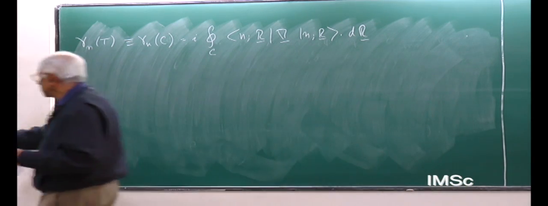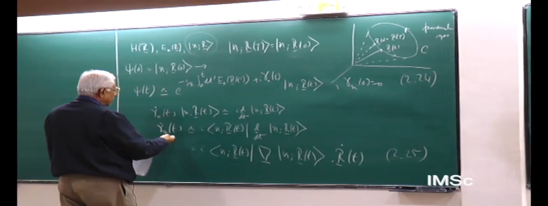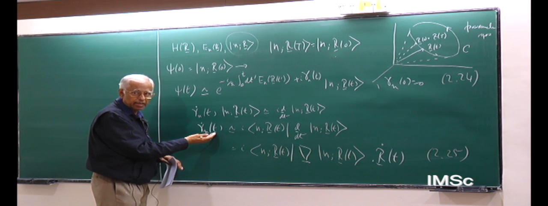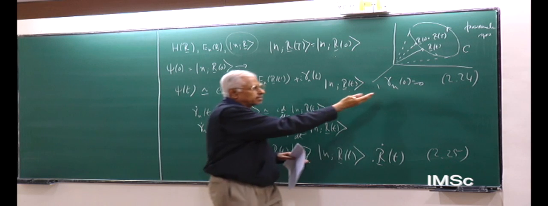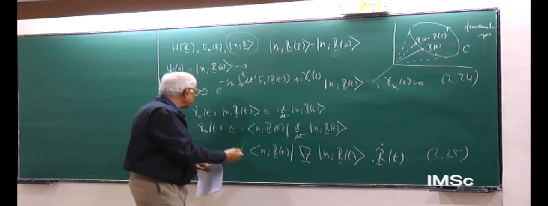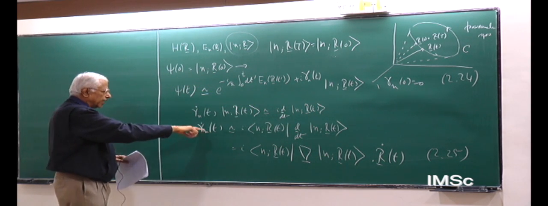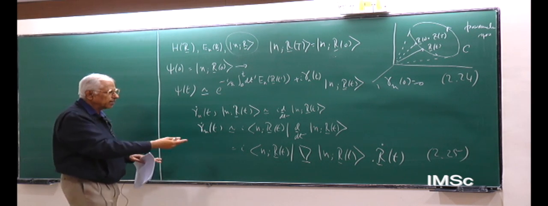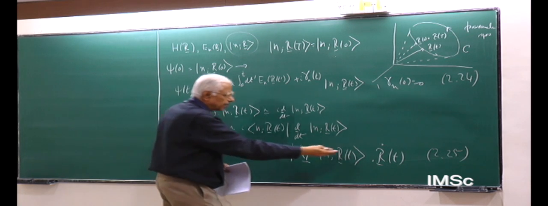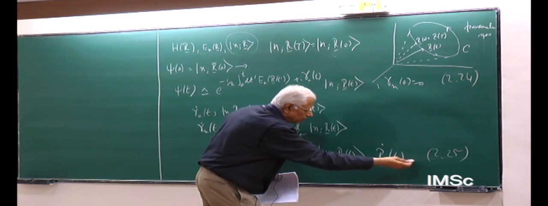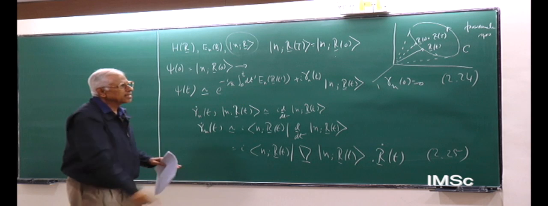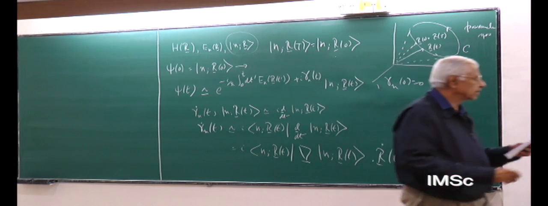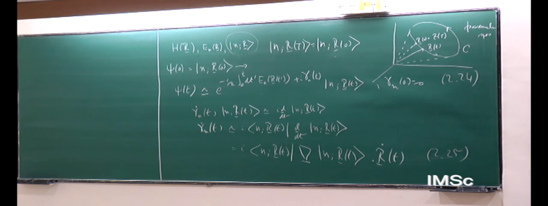Just look at this result and integrate from t equal to 0 to t equal to capital T. At t equal to 0, the gamma n is 0. That is the initial condition. So at the end of the circuit in parameter space, a certain amount of gamma n of t will have accumulated over time, and it is given by integrating this with respect to time. So when I put dt, this becomes dr, and you can see that it is a loop integral in parameter space.